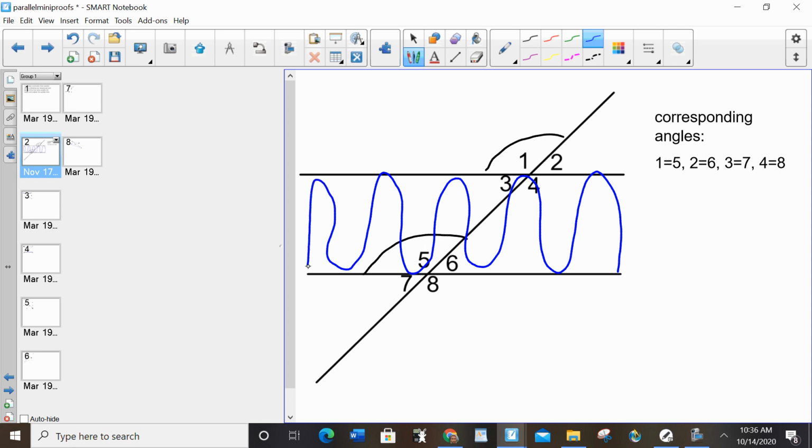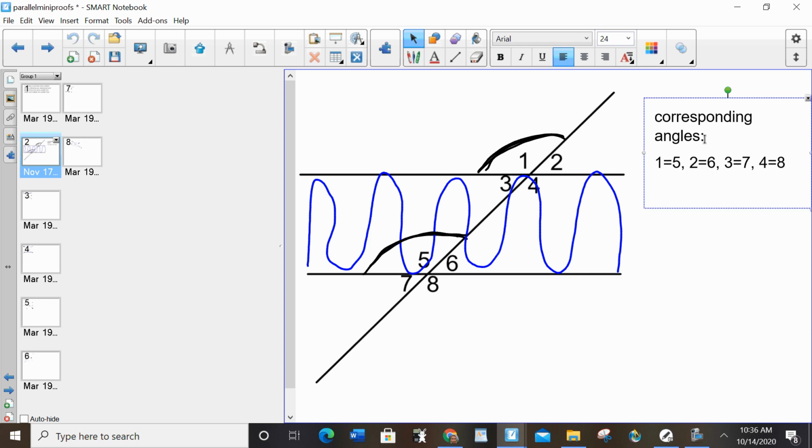So I have one outside and one inside the parallel lines. One's in the blue area, one's out of the blue area. That will always be the case for corresponding. Corresponding angles is always one in, one out.